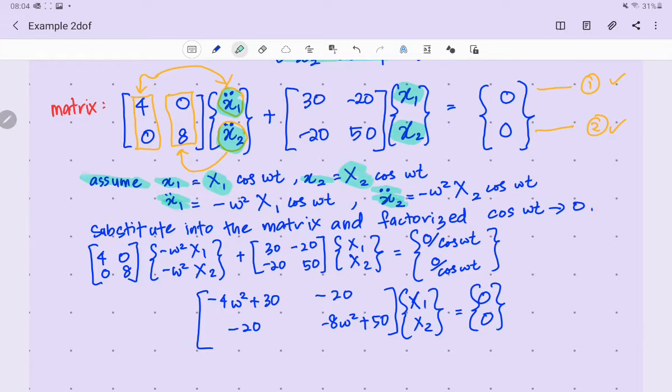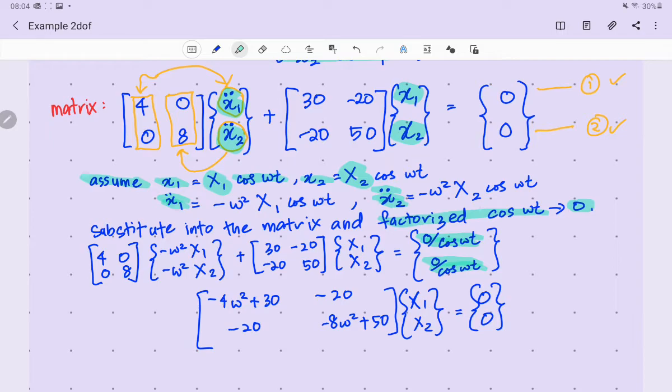So I've done that here. After you substitute, because you have this cos omega t, you can factorize the cos omega t and bring it to the other side of the equation. So basically it will become 0, because you bring it to the right hand side of the equation.